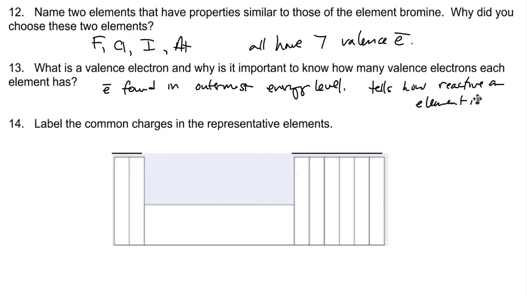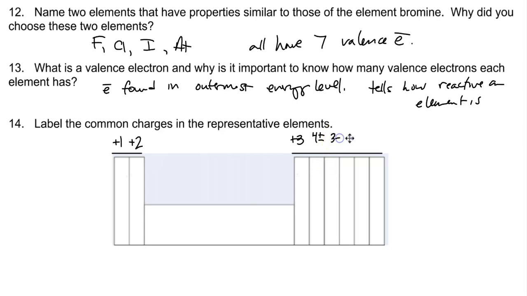List the common charges for the representative elements. So basically everything in the first column is +1. Second column is +2. Group 13 is going to be +3. 14 is going to be 4 plus or minus. And then when we get over here, this is going to be group 15.